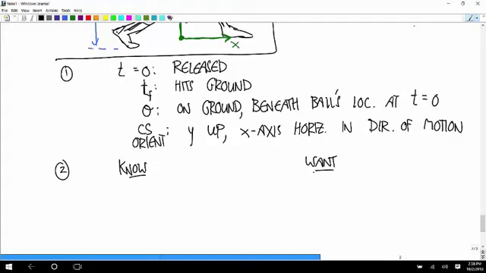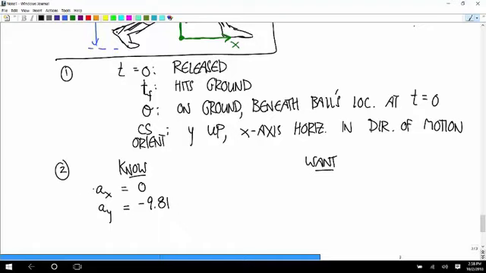No. If we can do this problem without knowing time final, we're fine with that. So for now, I'm going to leave that out. Do we know anything about the acceleration? Yes. What's the x component? 0. What's the y component? Yep, negative 9.81.